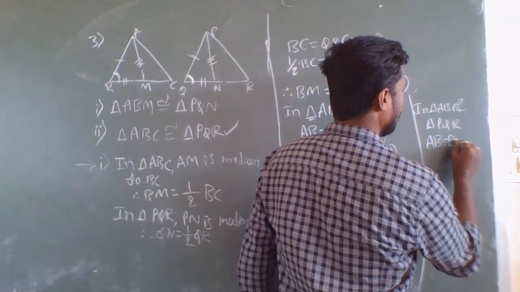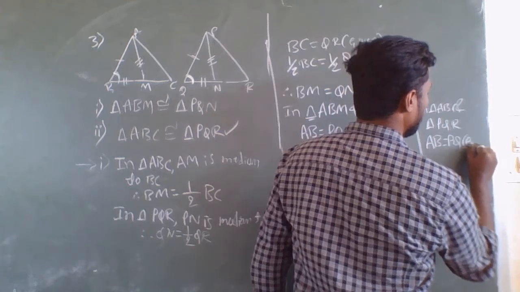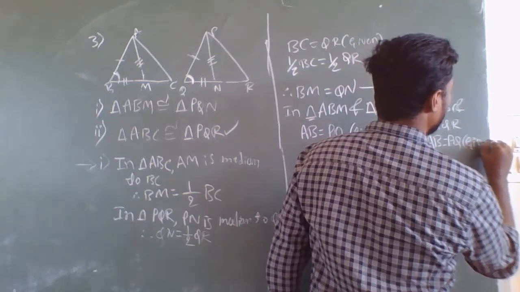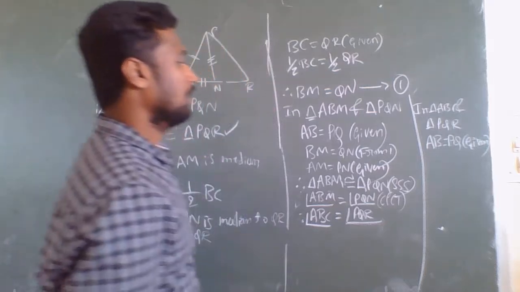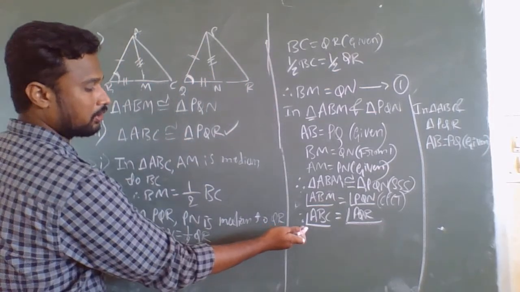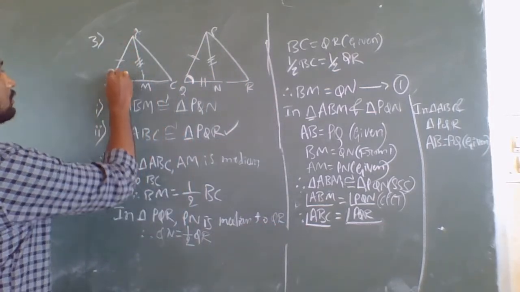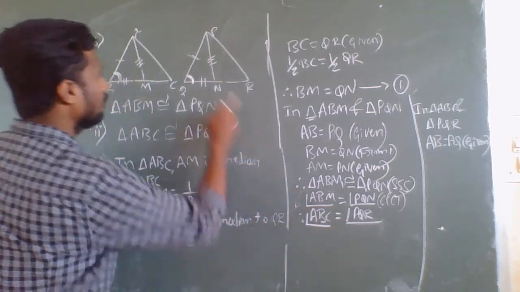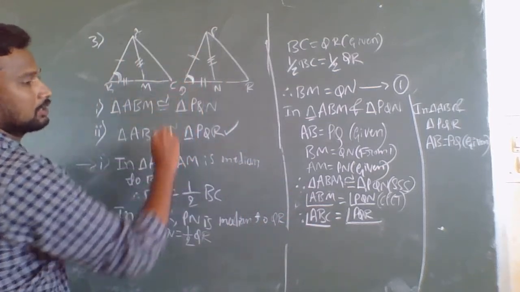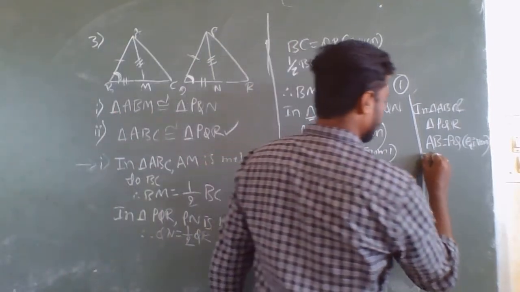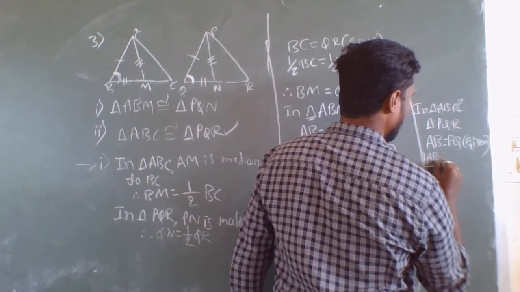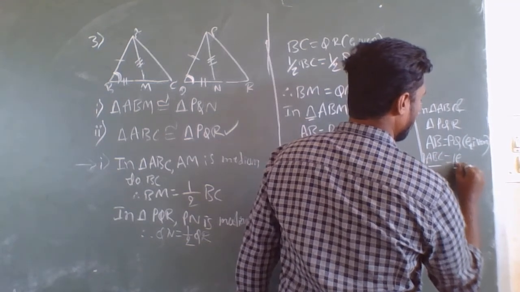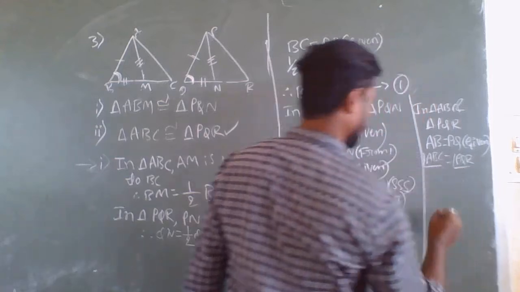AB is equal to PQ. This is given. And here we got that angle ABC, this angle, is equal to angle PQR, this angle. Angle ABC is equal to angle PQR.